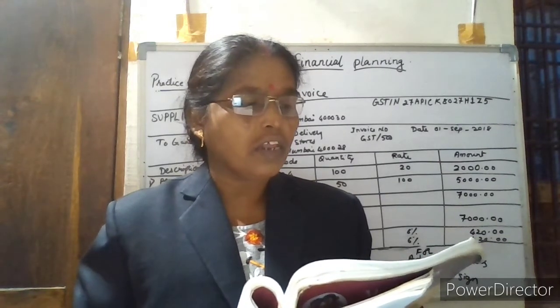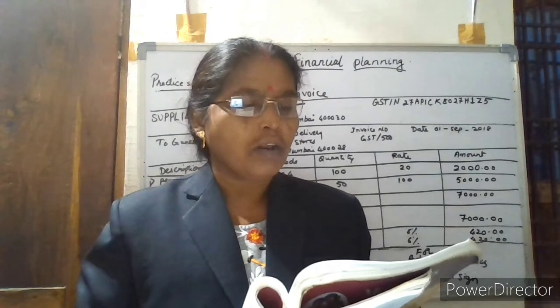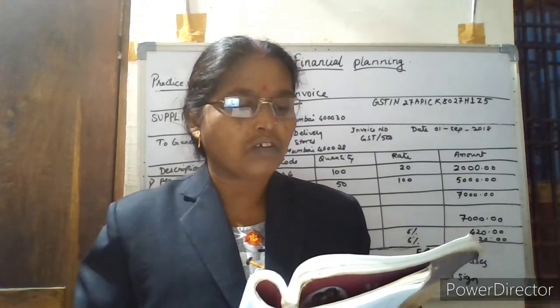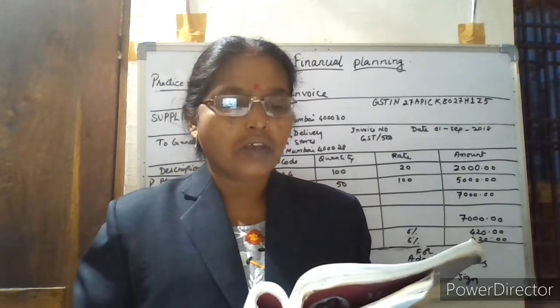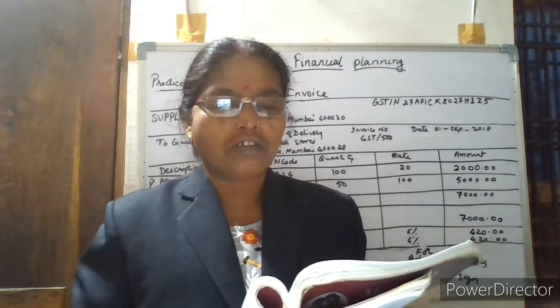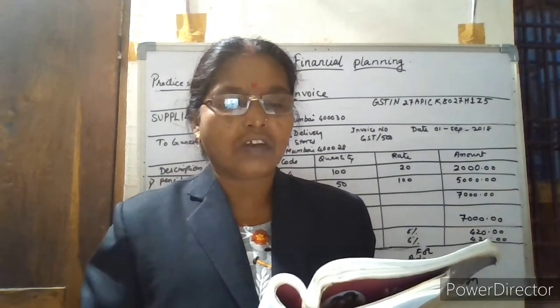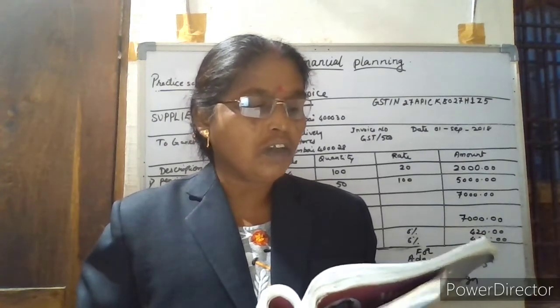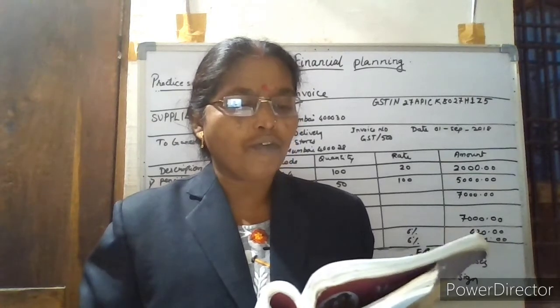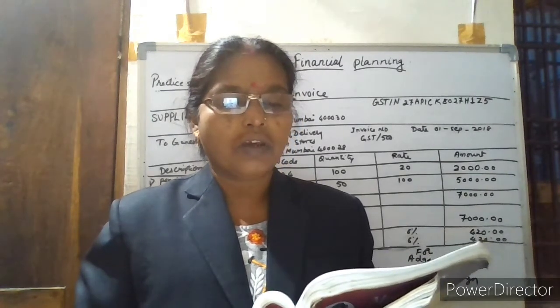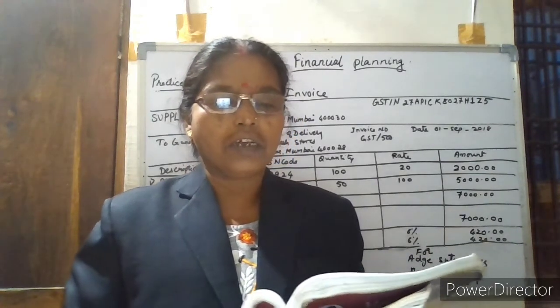Then items are given. First, pencil boxes 100, HSN code given, rate is 20 rupees, GST 12%. The second item is jigsaw puzzles 50, HSN code given, rate 100, GST 12%.